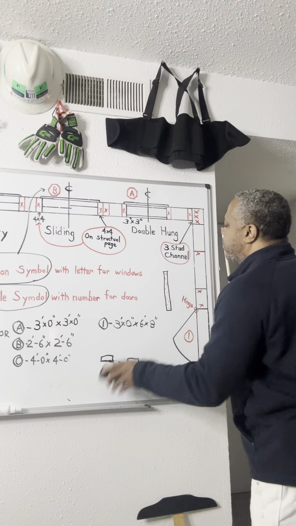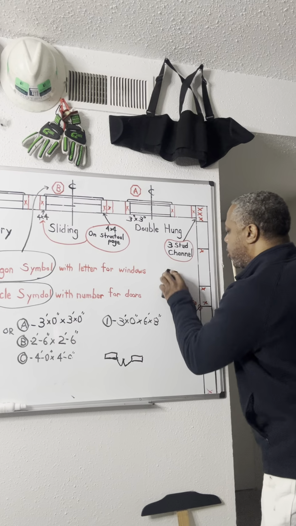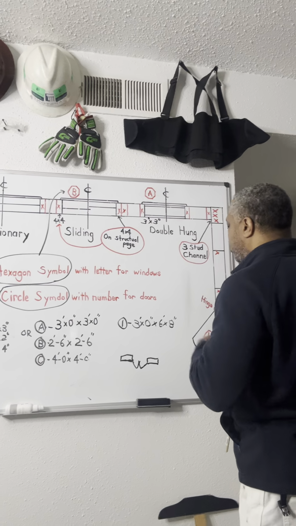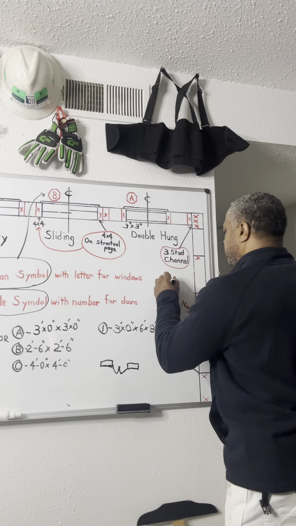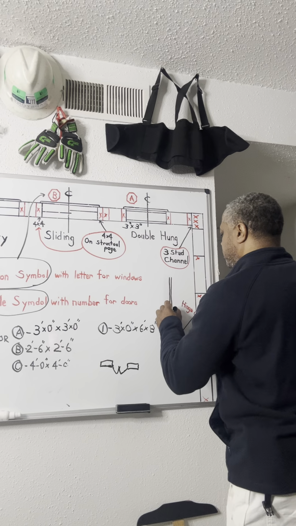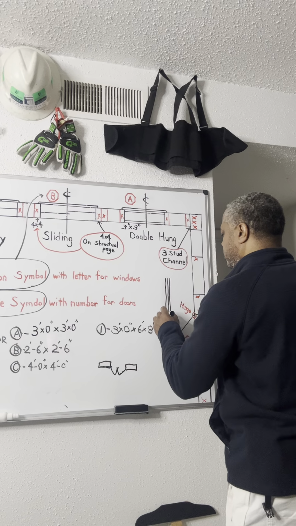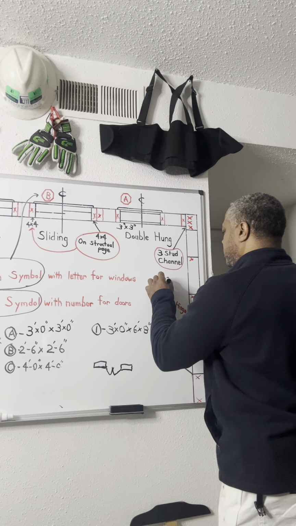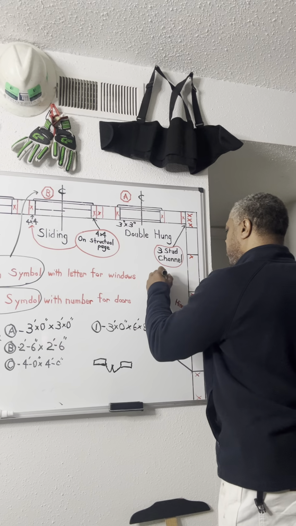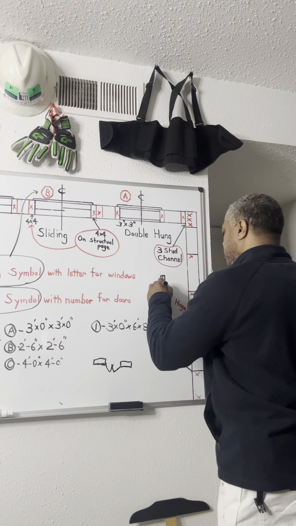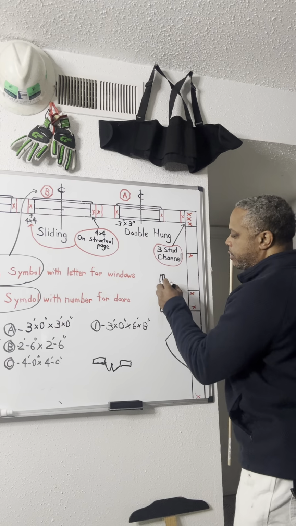And to show you what that member looks like, face on, I'm going to show you two 2x4s together. Okay? My drawing is kind of a little bit not as good, so I'm freehanding.